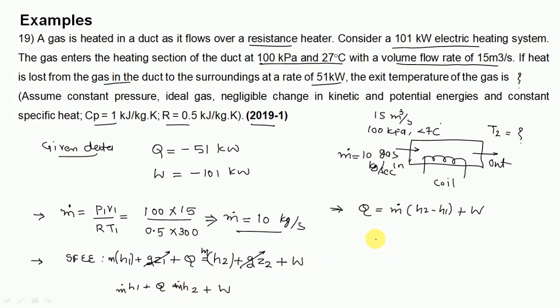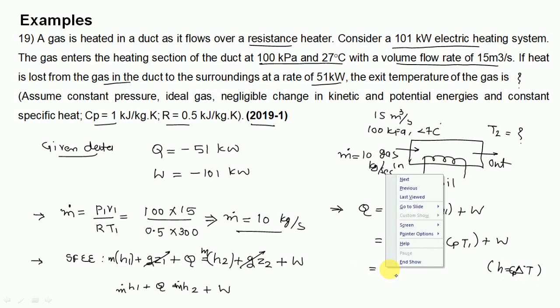The mass flow rate is given and its value is 10 kg. H2 is not given, but we can write it as Cp T2 minus Cp T1 plus W, because H equals Cp delta T. So Cp is common: mass flow rate 10, Cp value is 1, times T2, which we have to find, minus T1.